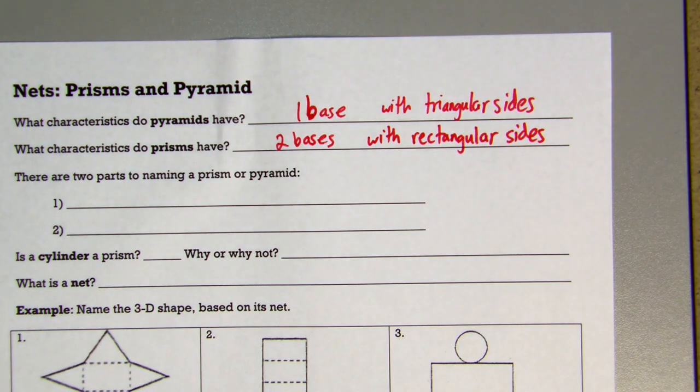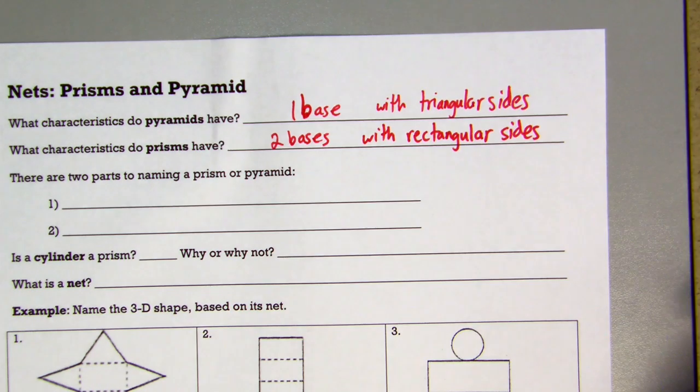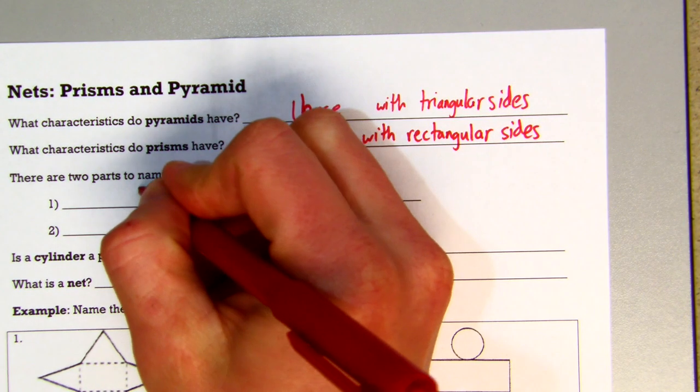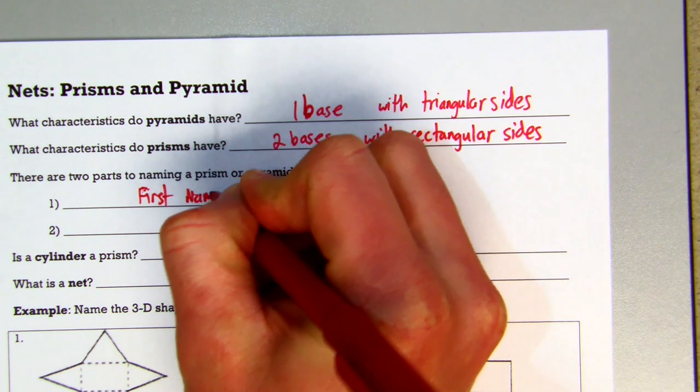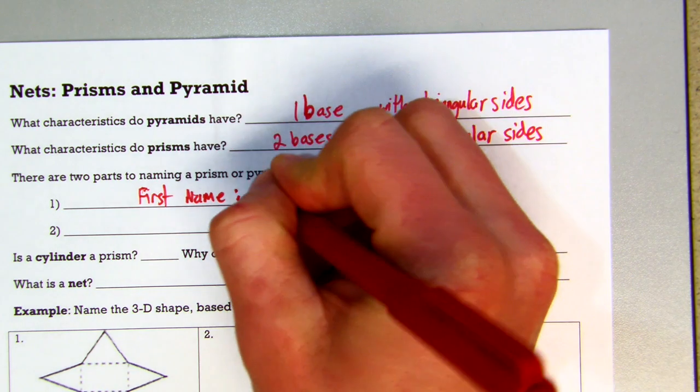Alright, and then there are two parts to naming a prism or a pyramid. The first thing you want to do is your base shape. This is our base shape.